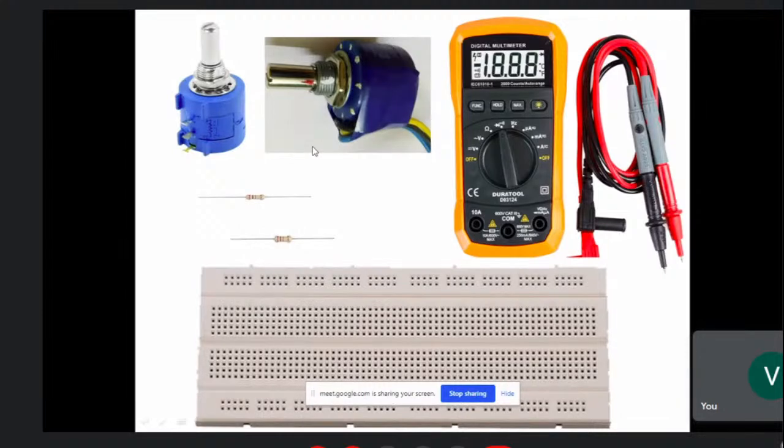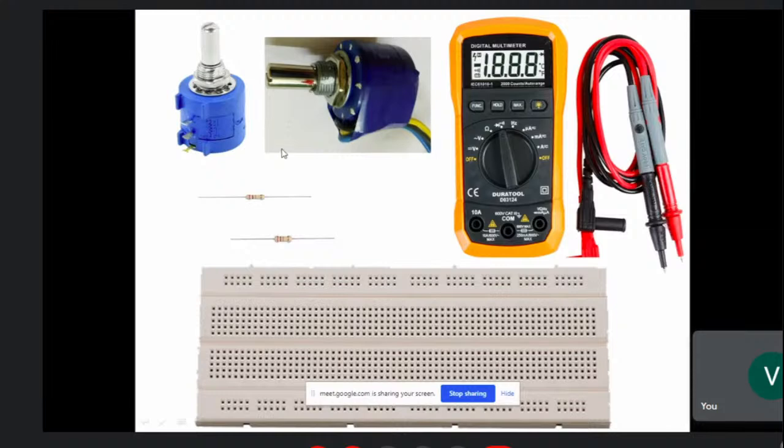All of you know that a potentiometer is basically a resistance with three terminals, and the middle terminal is used for the floating point.